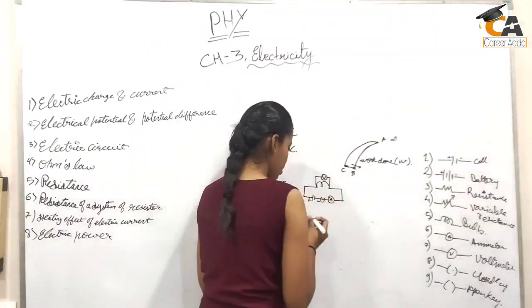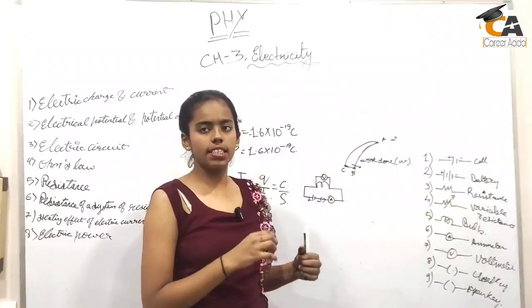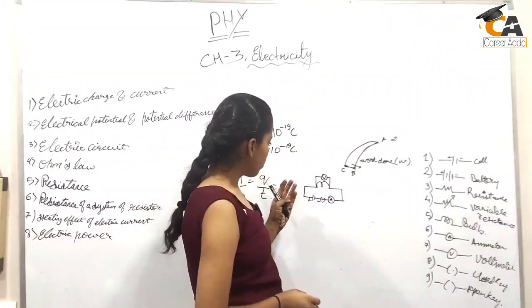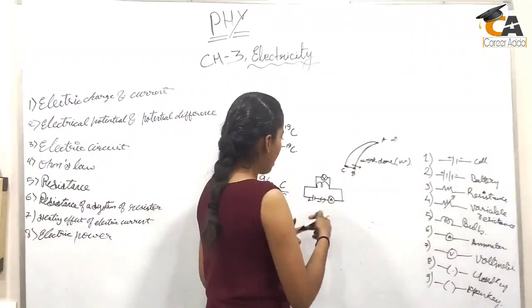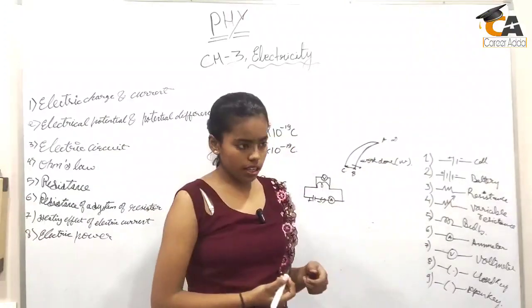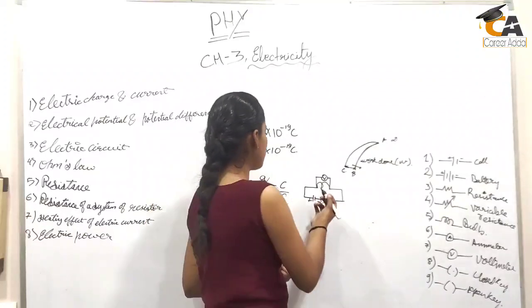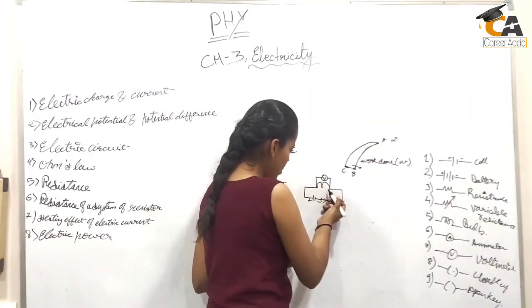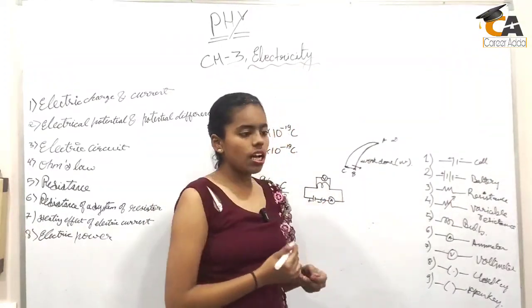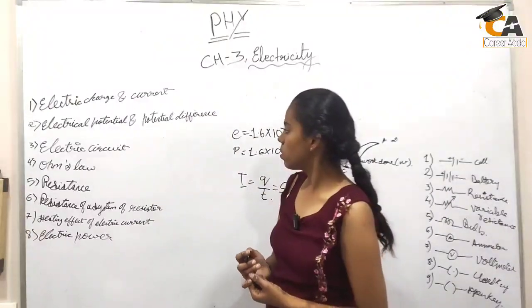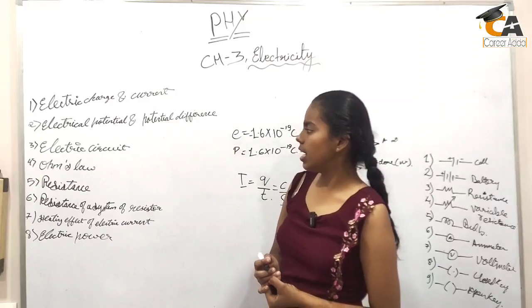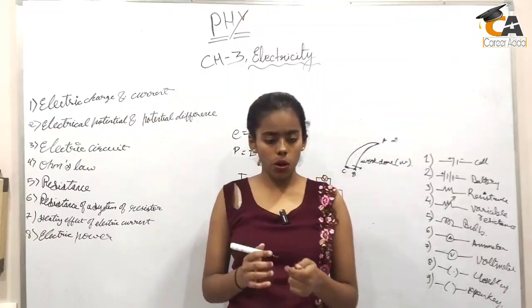So here a closed key is present. So the circuit is completed due to this closed key, and current is able to flow in this circuit, and ammeter measures the amount of current present in that circuit, and voltmeter measures the amount of voltage present in the circuit. So this was all about electric circuit, and my fourth topic is Ohm's law.